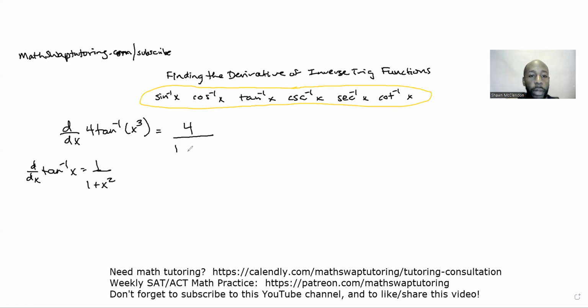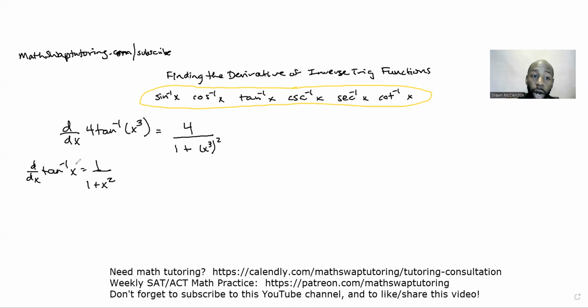4 over 1 plus, now notice this: the derivative of tangent inverse of x is 1 over 1 plus x squared when your argument is x. Whatever that argument is, it gets squared here. In this case, it's not x squared, but x cubed quantity squared, because the argument now is not x, it's x cubed.